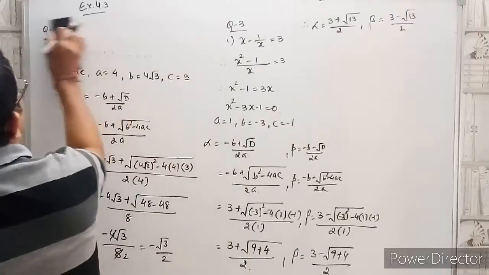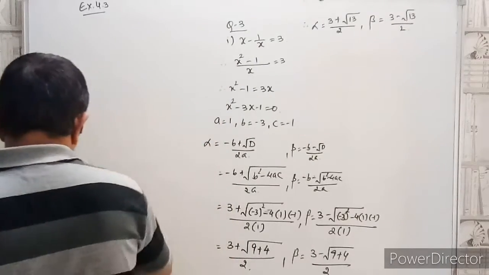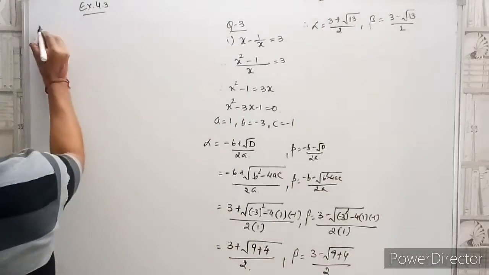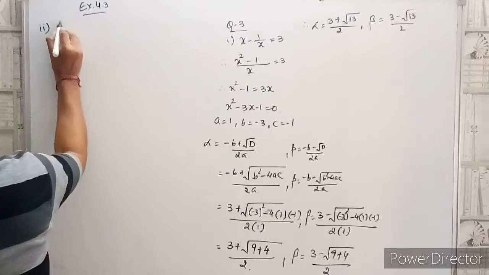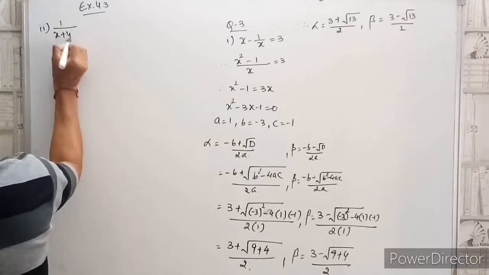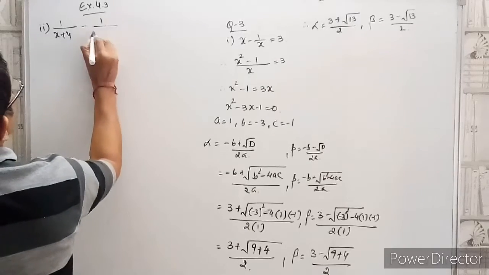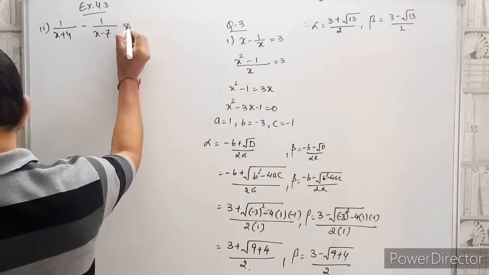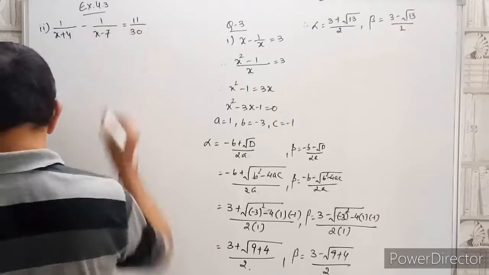Similarly, if we start the second one, one upon x plus 4 minus 1 upon x minus 7 is equal to 11 upon 30.